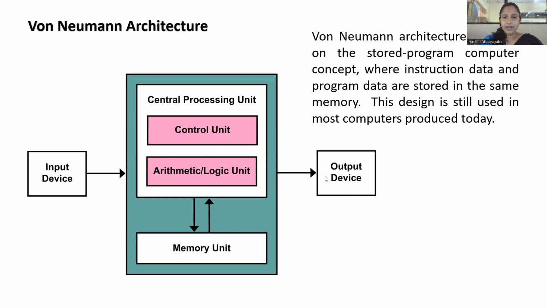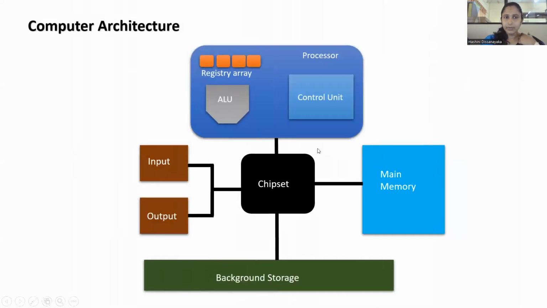Right, okay, let's move into the next one. Computer architecture again, it's explaining the thing that we discussed already. Input and output devices are there. Then the machine is going to use chipsets, and there is a main memory, we call it RAM. Then chipsets work with the CPU, or the central processing unit, and memory registers are there.